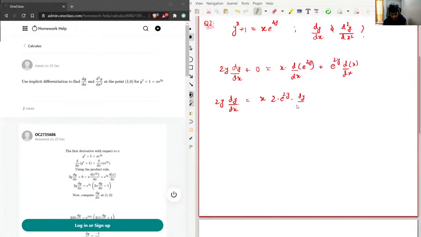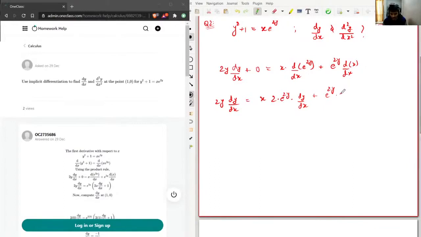So dy by dx, and then plus e power 2y, and then we'll differentiate x, and differentiation of x with respect to x will be 1 only.